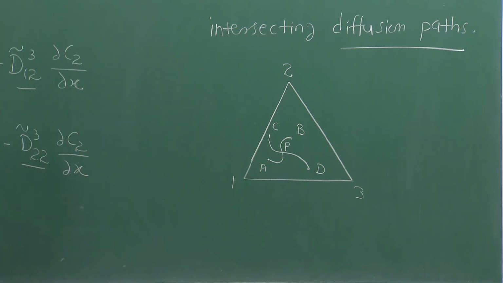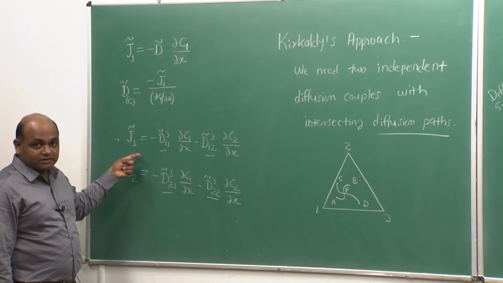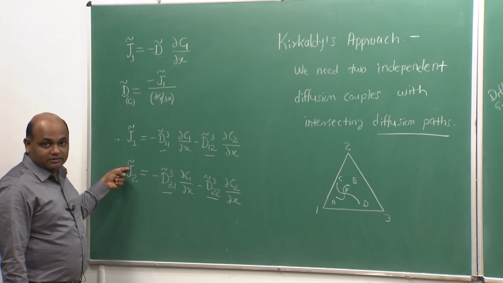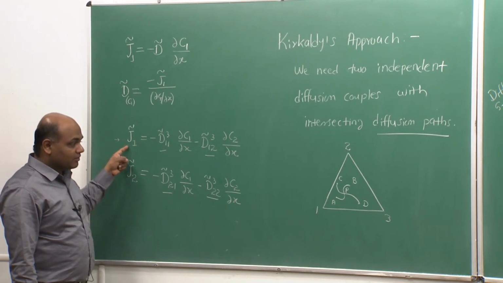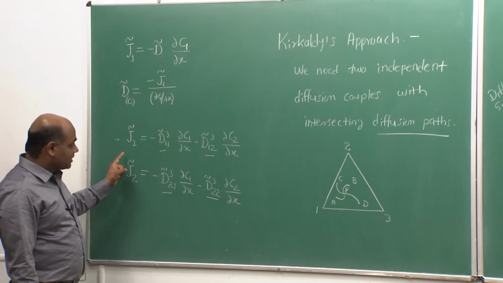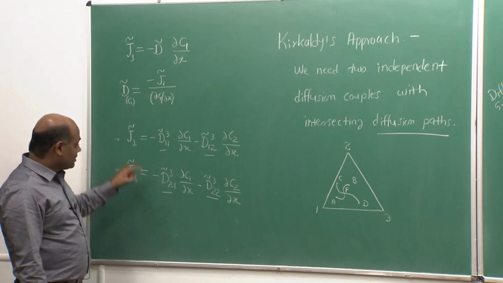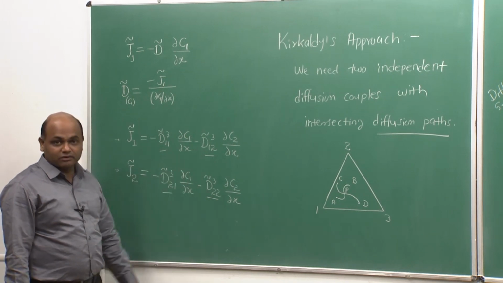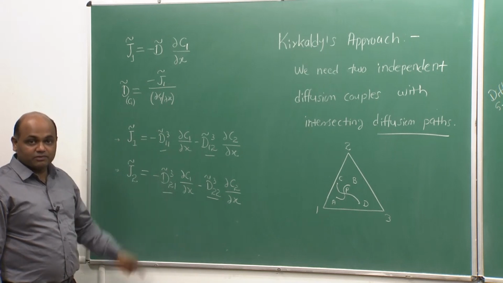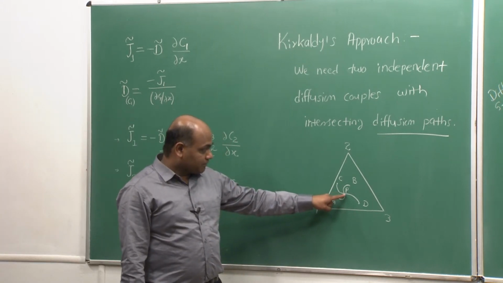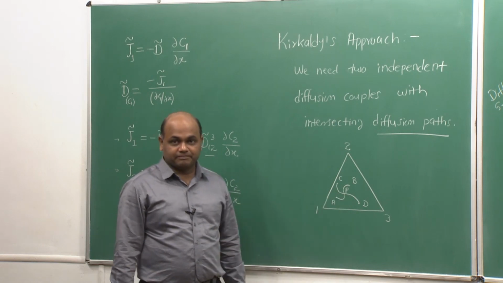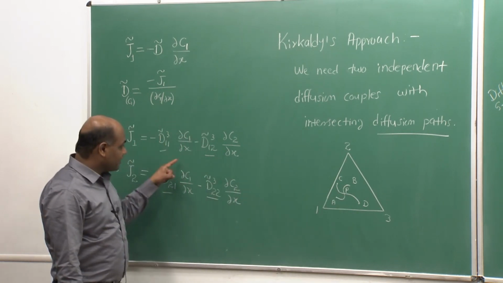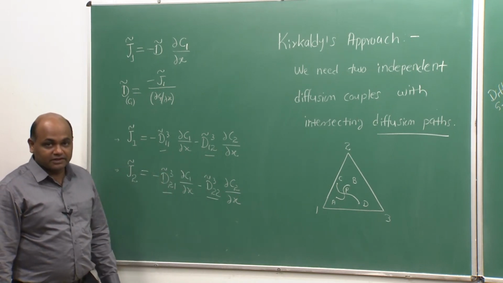Because at the composition corresponding to point P, in each of the couples we can write two independent flux equations, right, one set of two equations for couple AB, the second set of independent equations for couple CD, and this way we have 4 independent equations, and now we can solve those for the 4 interdiffusion coefficients, and those 4 interdiffusion coefficients will correspond to the composition at point P, and these are the exact values of the ternary interdiffusion coefficients.